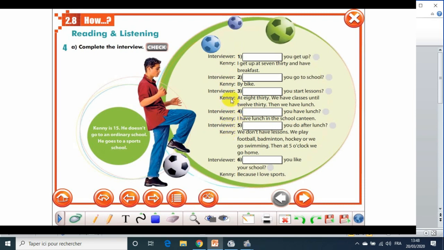From time to time, they do interviews on TV channels. So here we have Kenny and the interviewer. I let you do this exercise. Think of it and choose the right WH word or question.